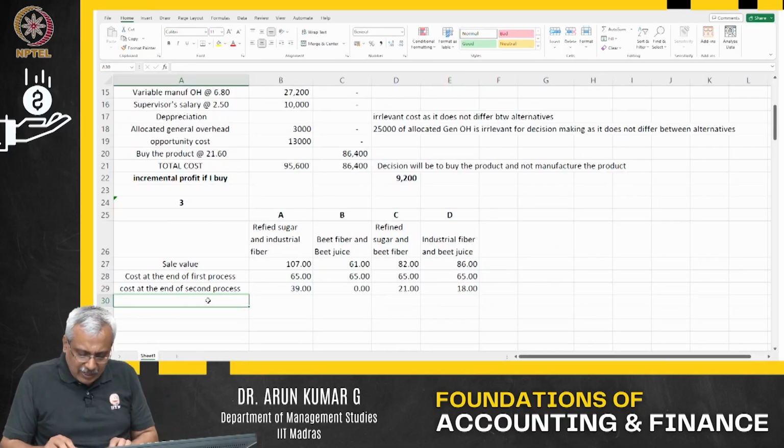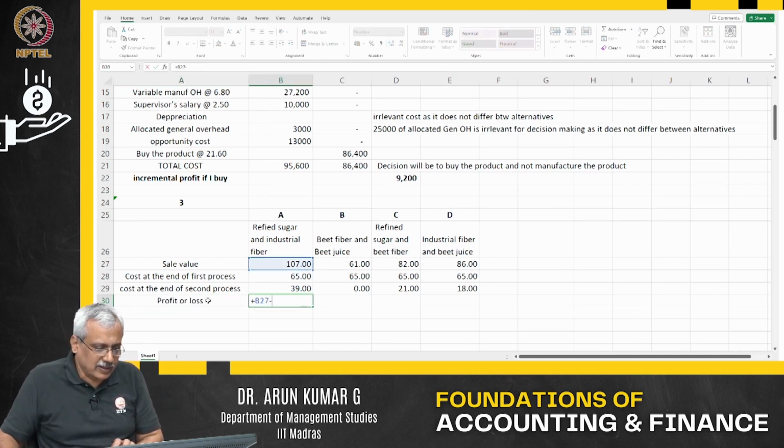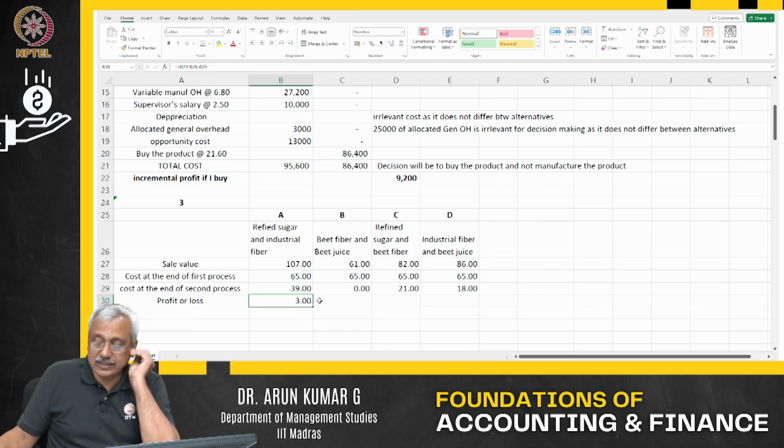So the ultimate profit or loss of each process is the sale value minus the cost at the end of the first process and the cost at the end of the second process. For every batch I make about $3 if I process refined sugar and industrial fiber.